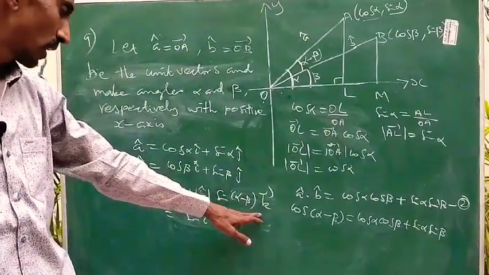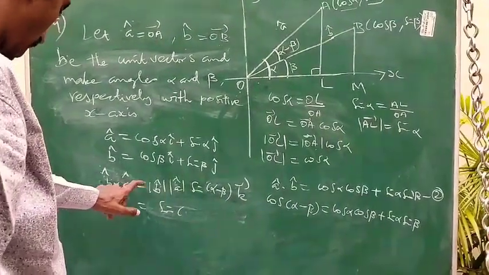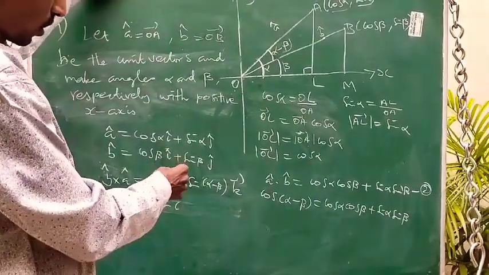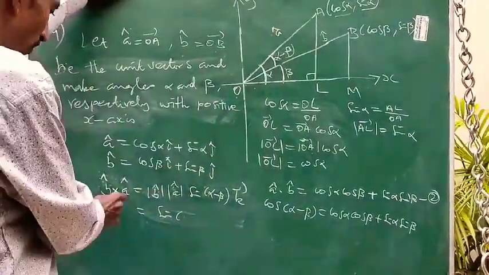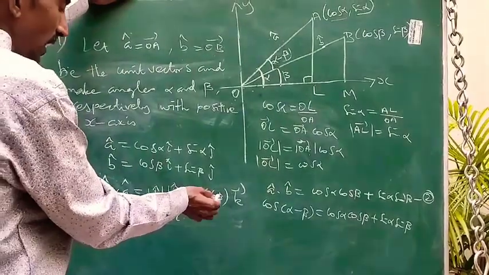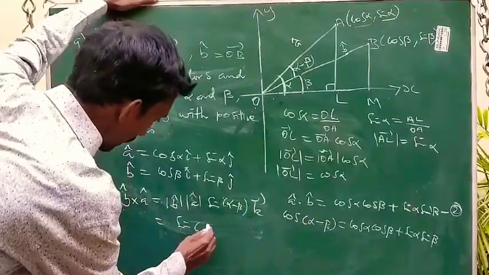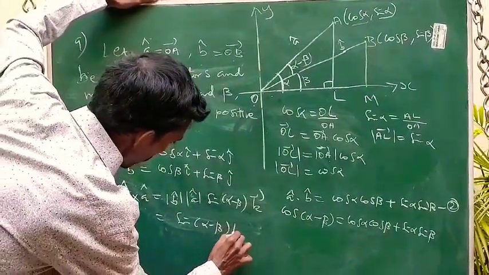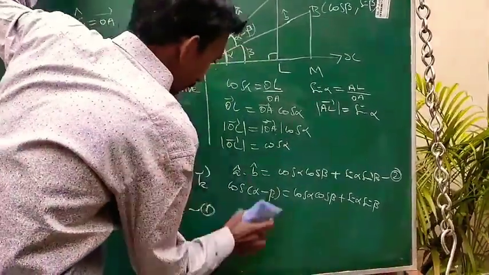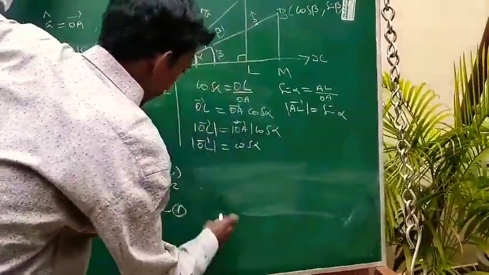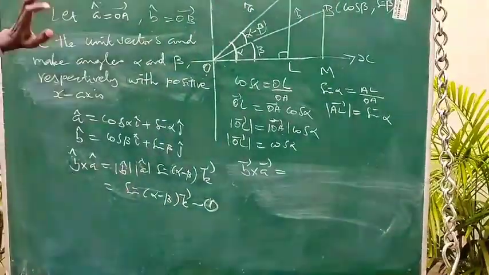Once again, I am repeating, students: if we take B cross A, then only we are getting it in the cyclic order, i cross j becomes k. If we take A cross B, it becomes j cross i, which is minus k. So don't forget this one. So sin(alpha minus beta) k equals 1, again B cross A. So this I have explained for question number 9.